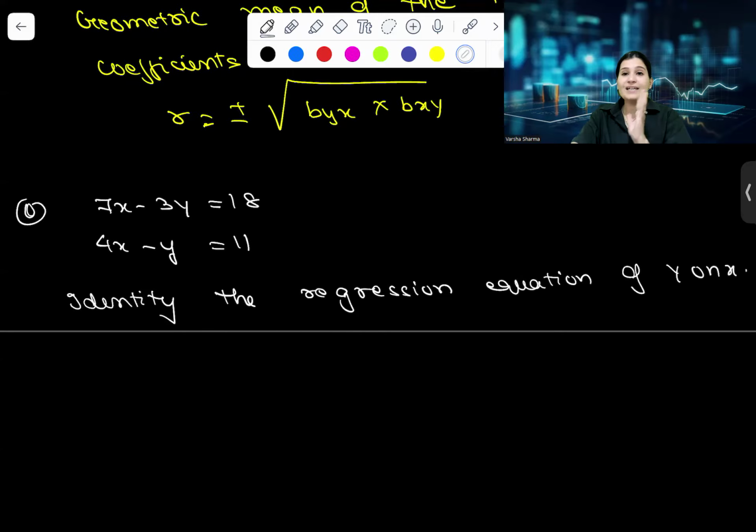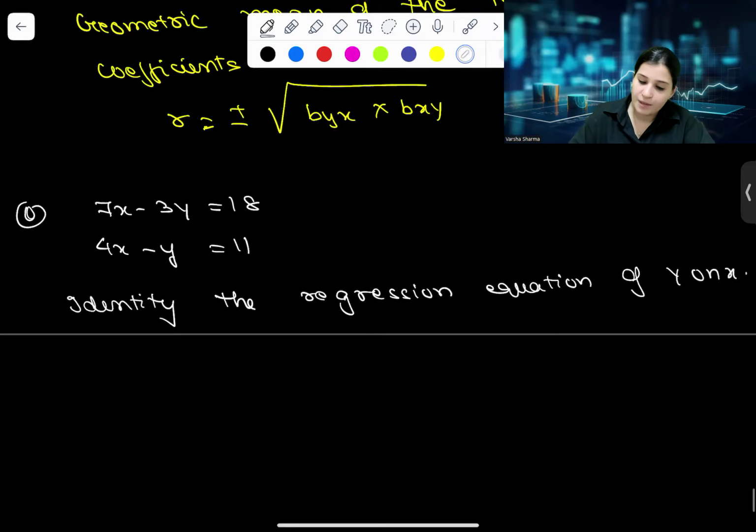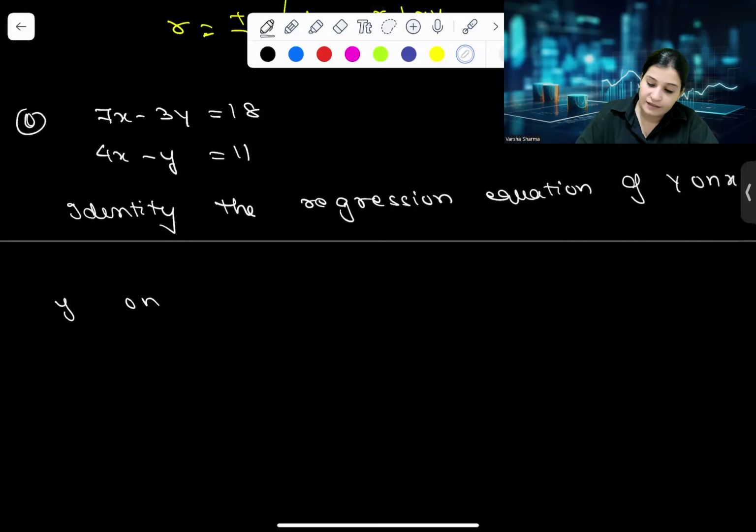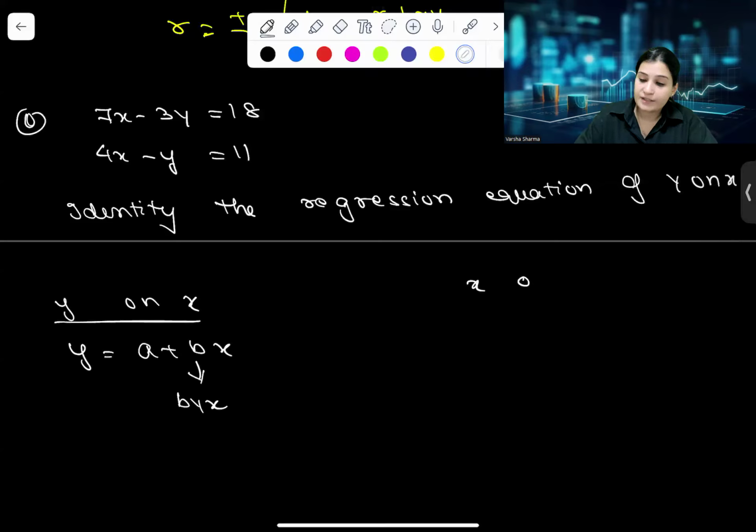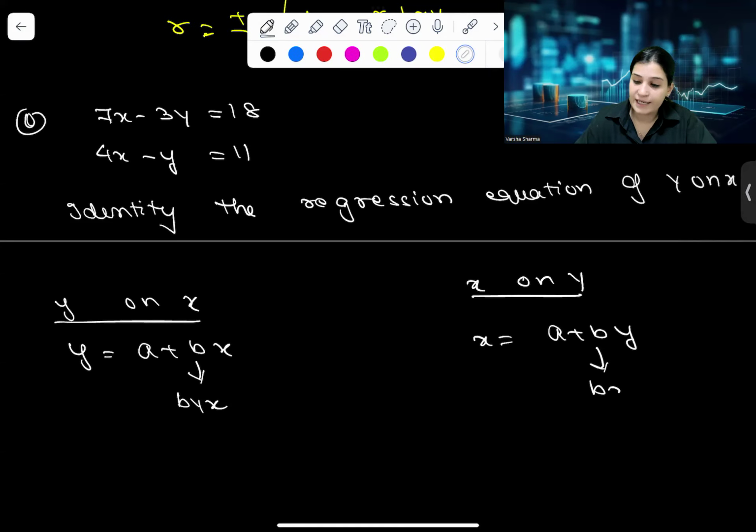When we talk about y on x, the formula was y is equal to a plus bx, where this b was byx. When we talked about x on y, x was a plus by. This b was bxy. So what we will do here is we'll assume something.